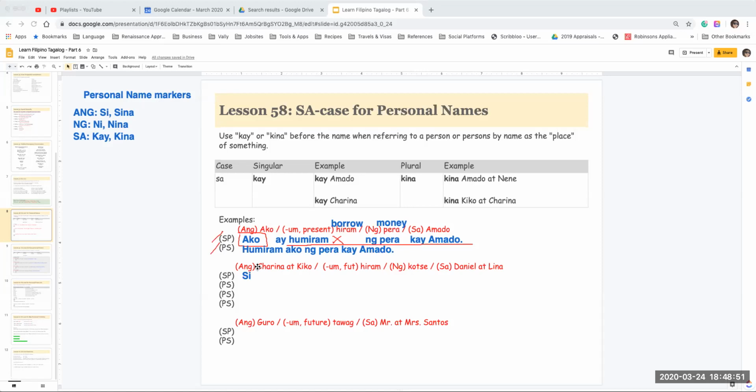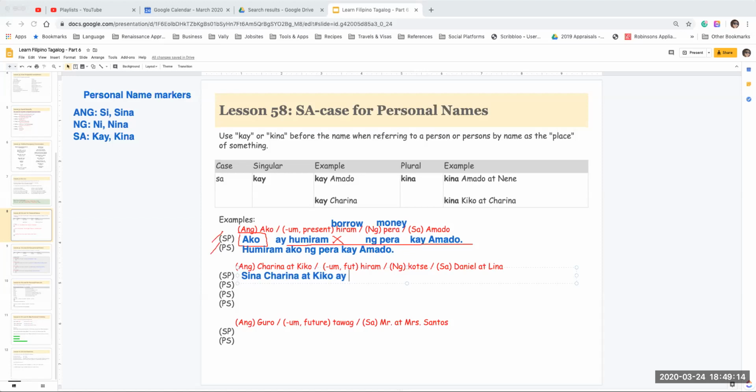All right. So now we have Charina and Kiko. What shall we use? Si or sina? Sina. Okay. Sina Charina at Kiko. I, Kahiram. What is future of Hiram?